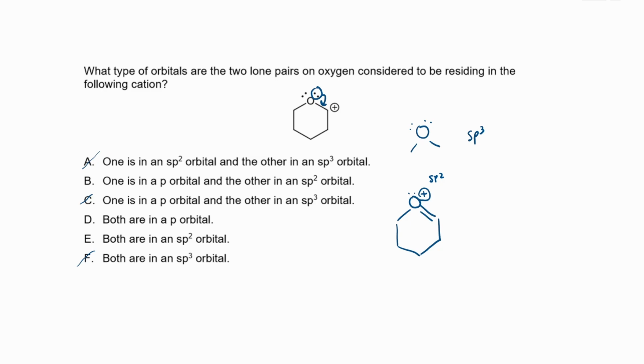So if it moved, that means it's in the pi system and it's in the p orbital. So at least one of them is in the p orbital. The other one did not move and stays on the oxygen, and we already know the oxygen is sp2, so the electrons over there are going to be sp2. One is in the p orbital, in the pi system, and the other one is sp2, so the answer is B.